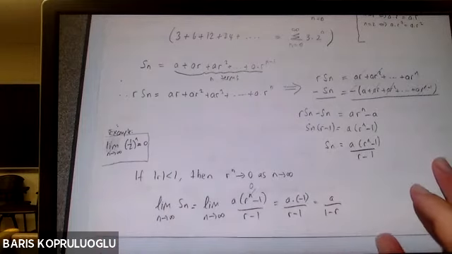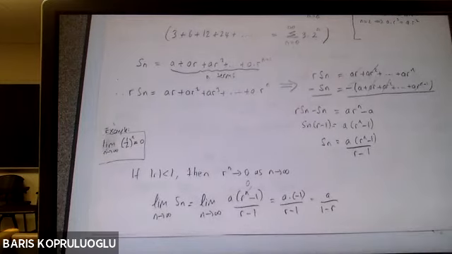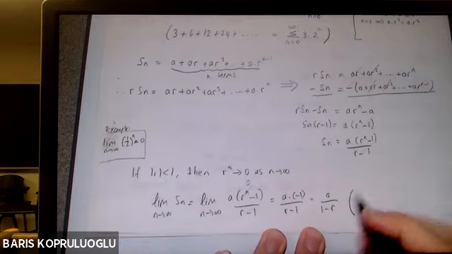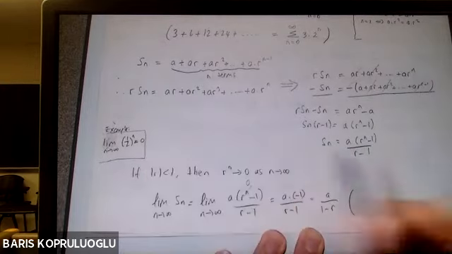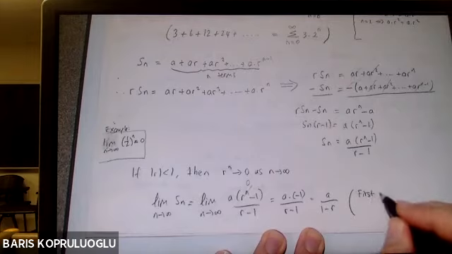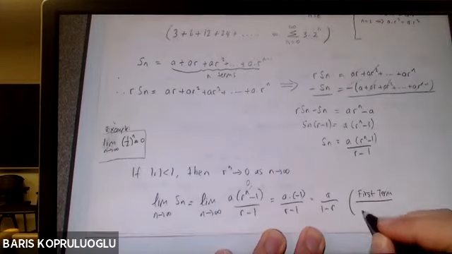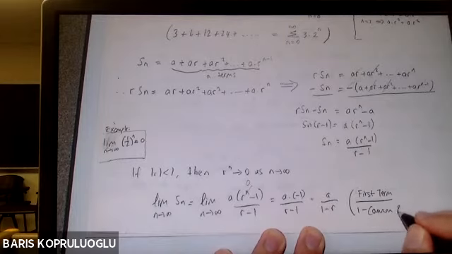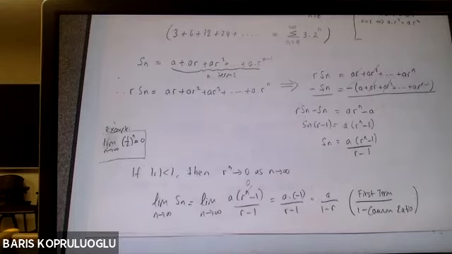So it turns out the sum of the series, in other words, the limit of the sequence of the partial sums, is the first term a over 1 minus the common ratio r. So that's the formula we need to find the sum of the geometric series.